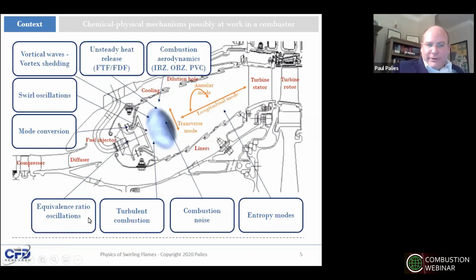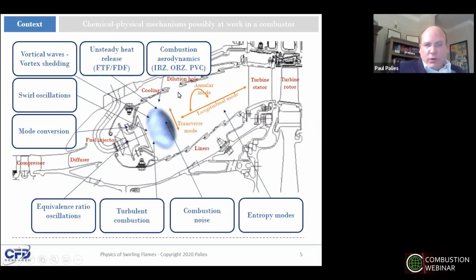You do have sometimes equivalence ratio oscillation occurring, and always you do have turbulent combustion and combustion noise that are at work in such a system. And in specific cases, you can have entropy modes that are at work and interact with the downstream turbine stator.